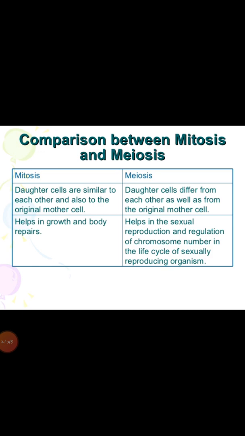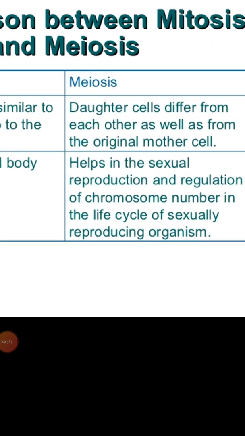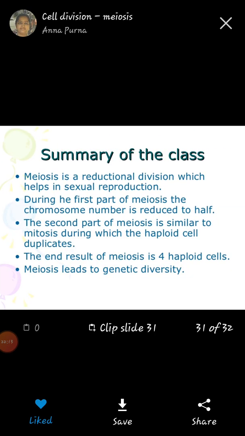Mitosis helps in growth and body repair, and meiosis helps in sexual reproduction and regulation of chromosome number in the life cycle of sexually reproducing organisms. In this way we have seen the events which take place during meiosis, the different stages of meiosis, meiosis first and meiosis second, and we have also seen the significance of meiosis and the comparison between mitosis and meiosis.